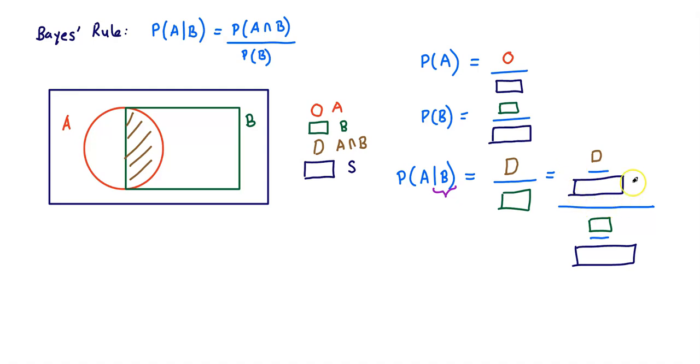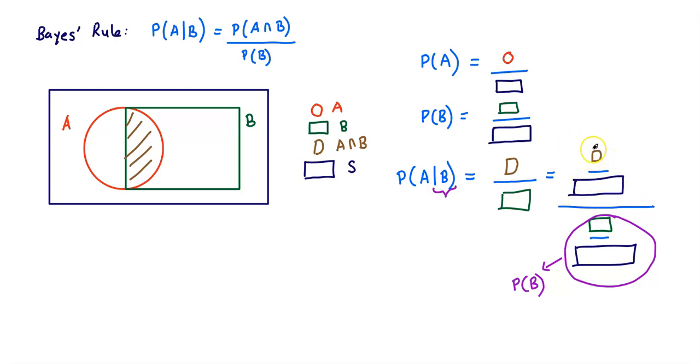Let's see, we are almost at the end. What is this expression here? Well, if you can just pattern match, this is the probability of B, right? And what is this expression here?